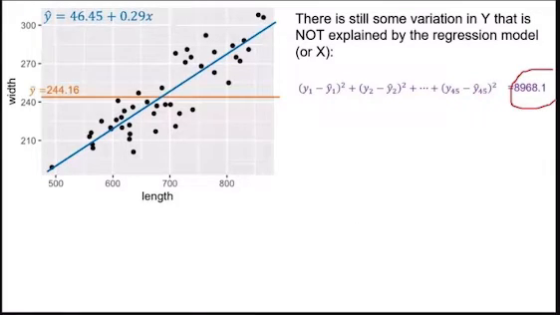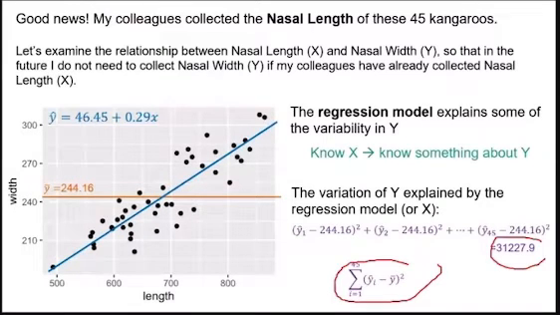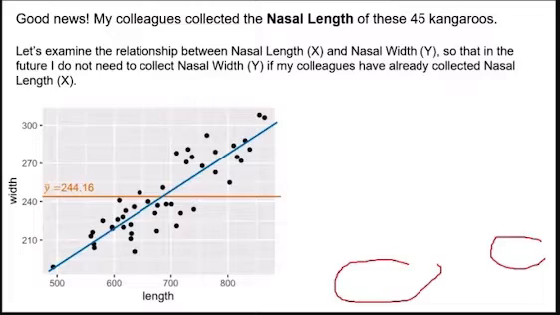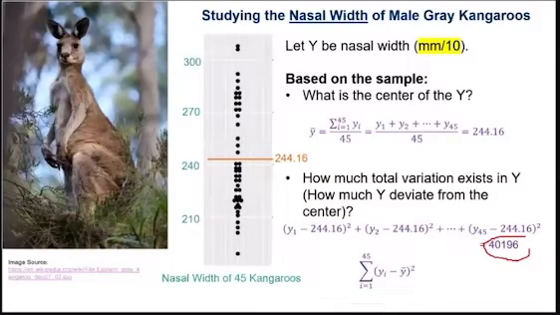Do you know that if I subtract the explained, 31,227.9, from the total variation of 40,000 something here, that is also going to give you the unexplained?